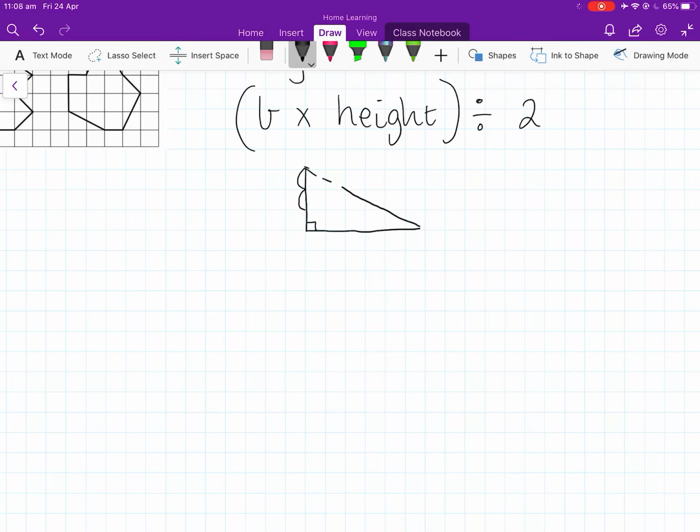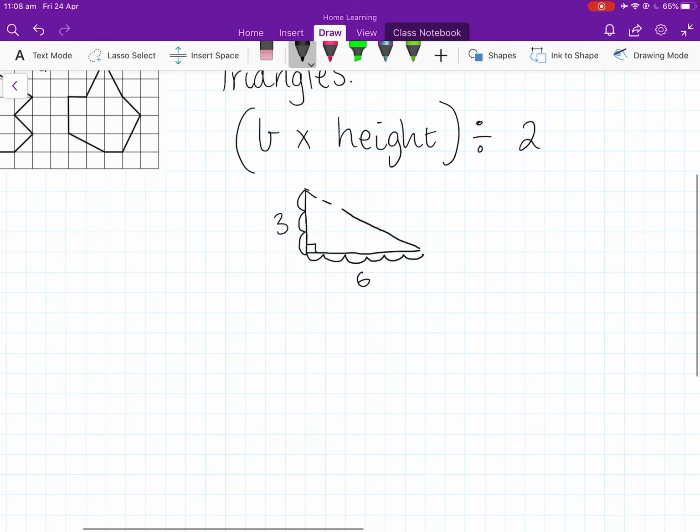Okay, so here is my right-angled triangle. You can see that I've got 3 squares going from my height. So that's 3. And then down the bottom, which is my base, 1, 2, 3, 4, 5, and 6. So these are my 2 measurements, and it works just like we did before.